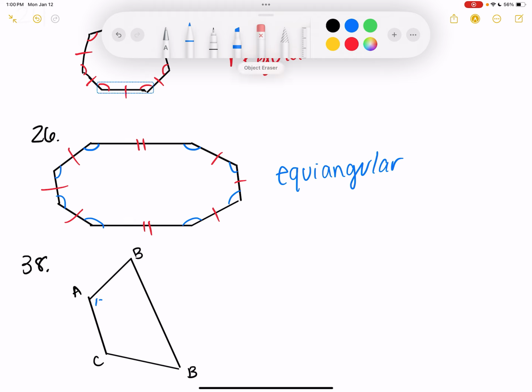I just put these letters in the wrong place. A, D. There we go.